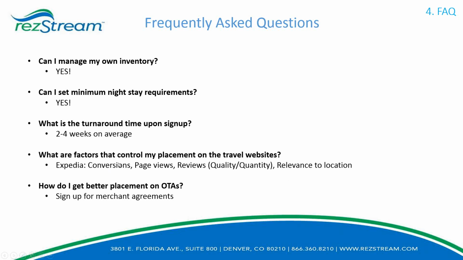So the thing that stands out to me most, and in my mind the reason why someone on a GDS agreement is going to get listed higher than someone on a merchant agreement that may be paying more, is because you get more bookings, right? That's just plain logic.